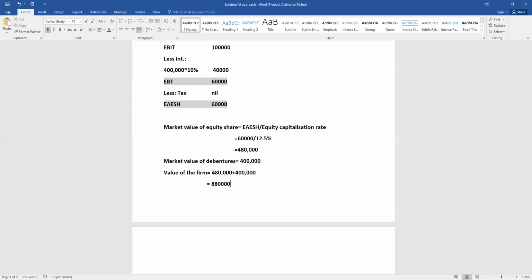So the value of the firm is denoted by V, and V is equal to 8,80,000.